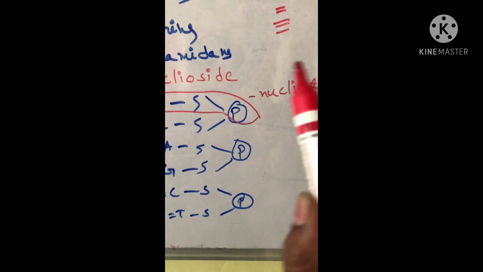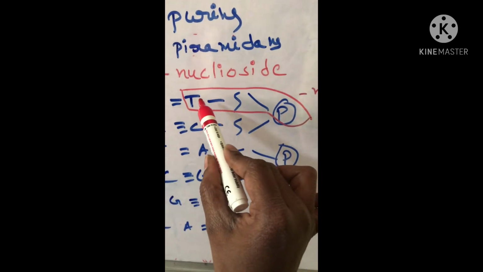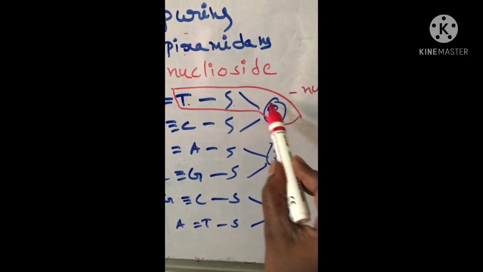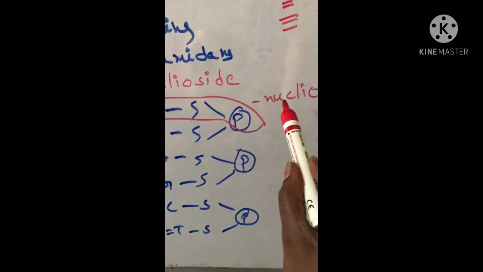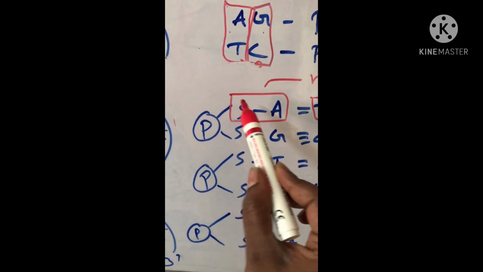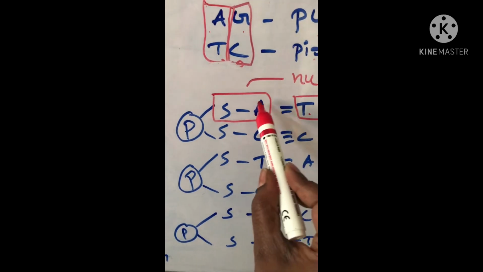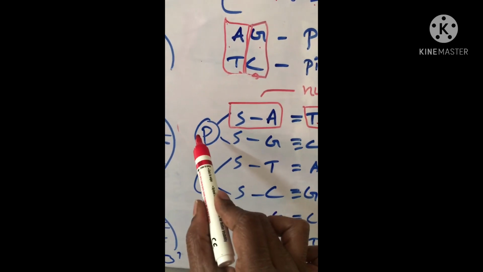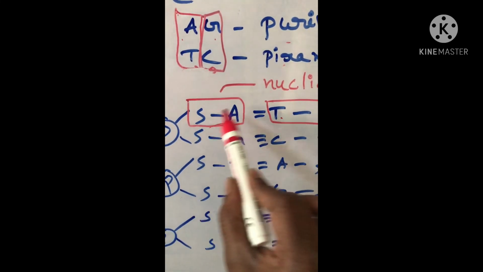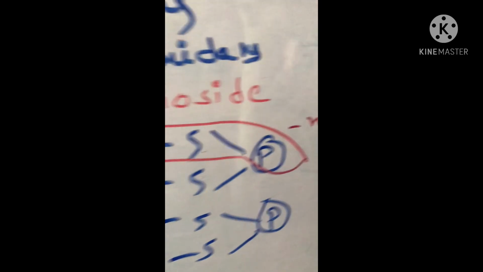Nucleotide means three substances: one nitrogen base, one sugar, one phosphate. These three in combination are called a nucleotide. If on another side there is one nitrogen base, one sugar, one phosphate, that is also called a nucleotide.